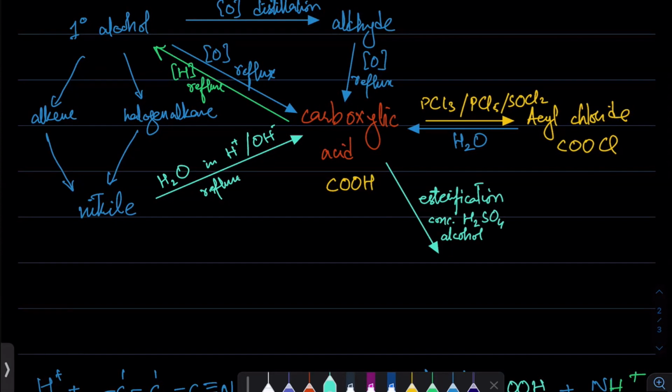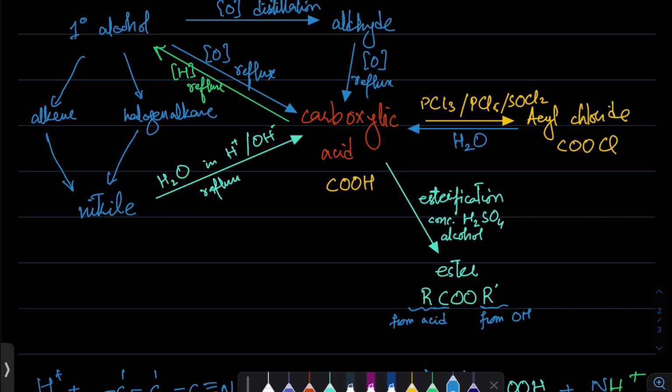So what will happen? It will create ester. ठीक है? And that ester is basically RCOOR. So this part comes from alcohol and this part comes from acid. Okay, and that is how you're able to get them.